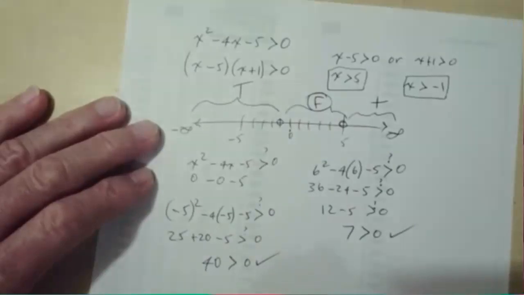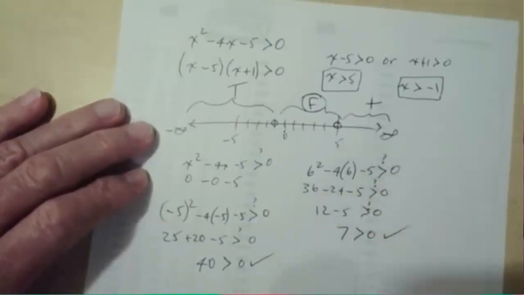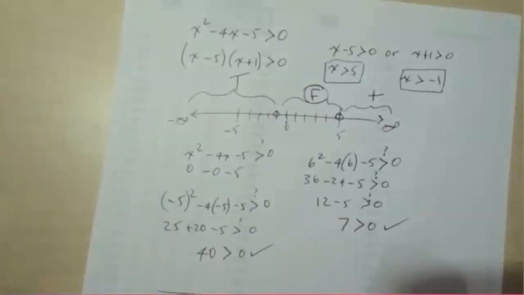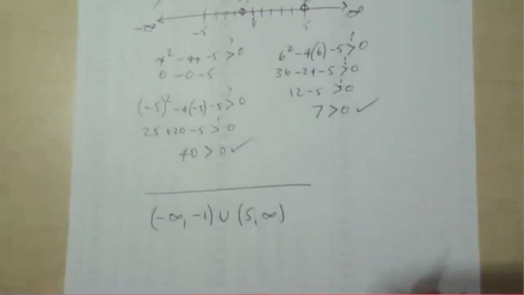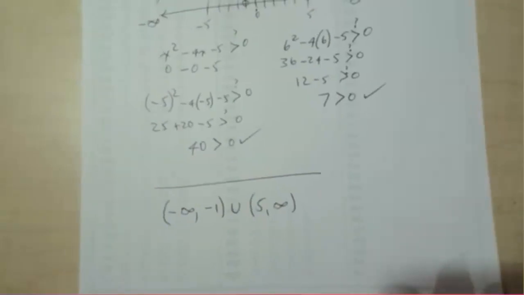And union, because it includes all the numbers here and here. And again, we have 5 comma infinity. Right? Okay? Let me let you soak that one in for a while. Let's see you get that.